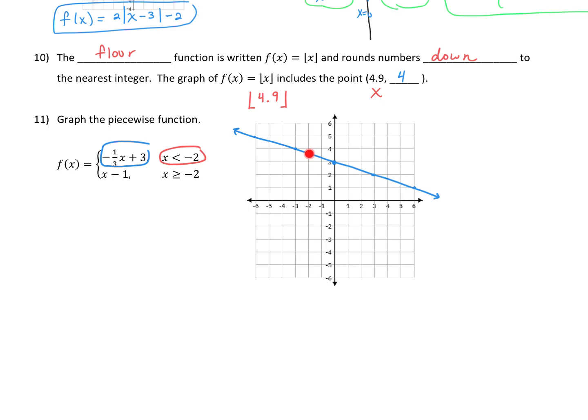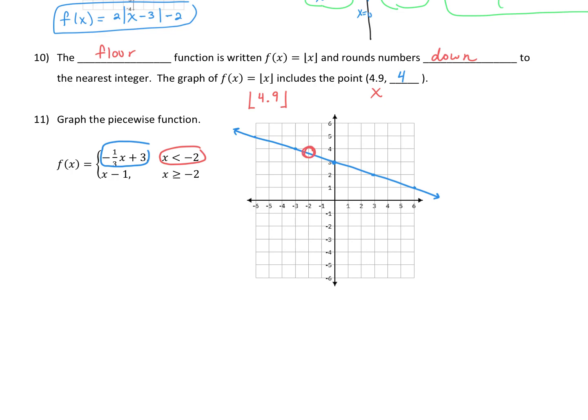This spot right here needs a circle, either an open circle or a closed circle, and this inequality tells us if it should be open or closed. So again, we want this line for the x's that are less than negative 2. So I'm at the origin, I go to where x is a negative 2, then we have to go find the line and we put a circle. That will be an open circle.